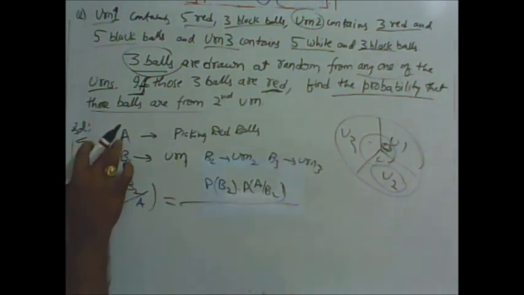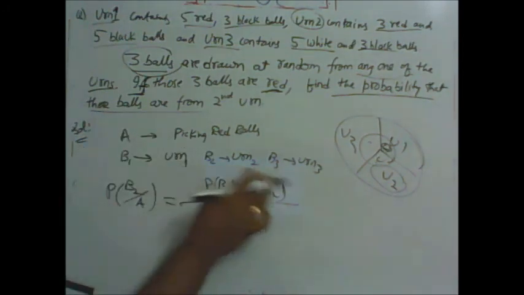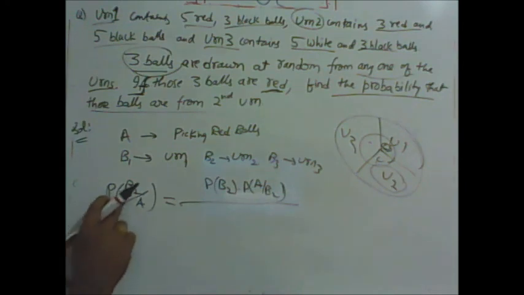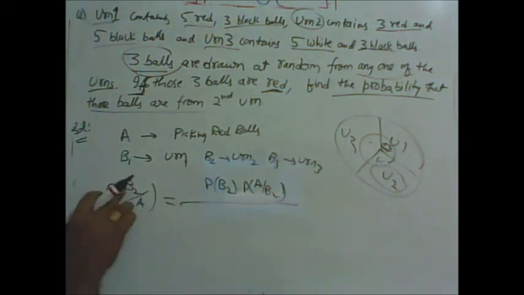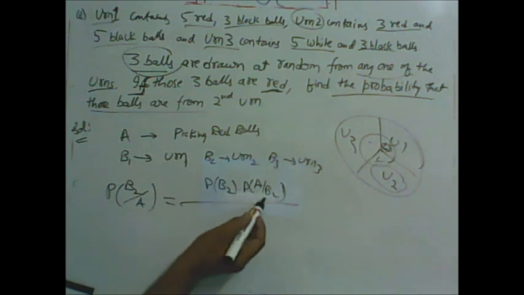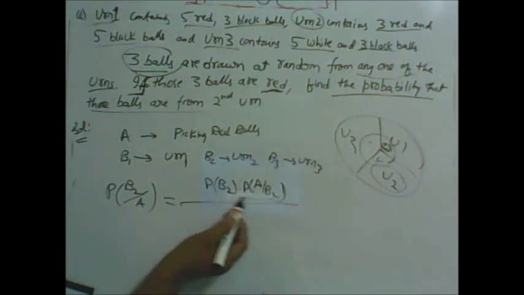Once we understand which is A and which is B1, B2, B3, if you want P of B2 by A, then in formula terms, in the numerator we reverse it to A by B2, and whatever is in the denominator will be B2. That we will write again.